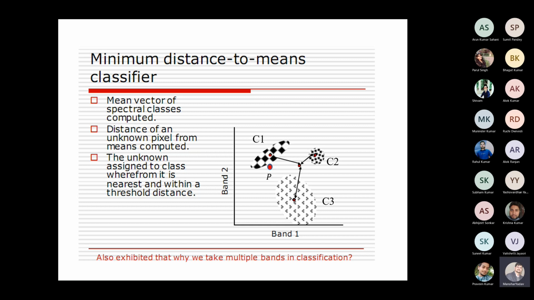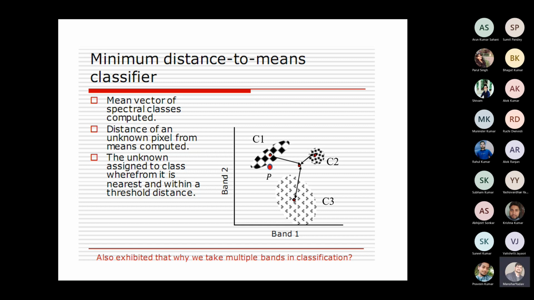If we consider the standard deviation of pixels in C3, in class C3 variability is more, variance is more, while in class C2 we have the least variance. It means nearly all the pixels are concentrated around the mean value in class C2.